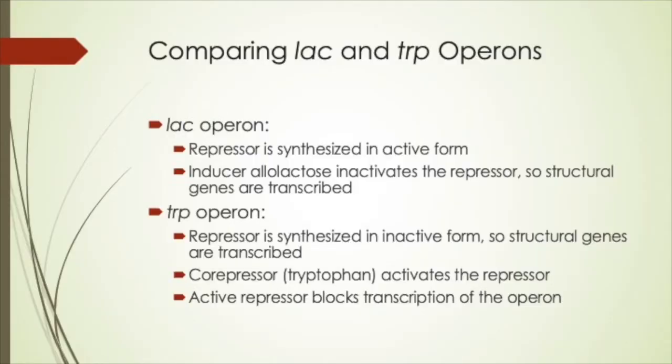Okay, comparing the lac operon and the trp operon. In the lac operon, the repressor is synthesized in active form, so it's already active whenever it's synthesized, and the inducer allolactose inactivates it.